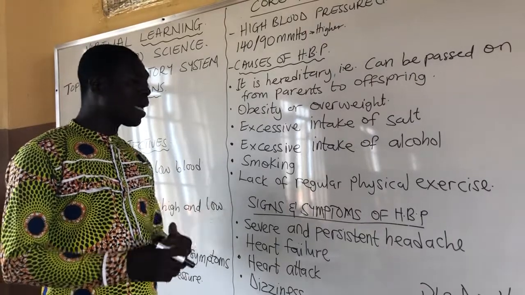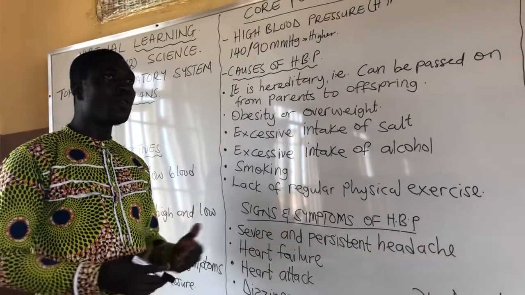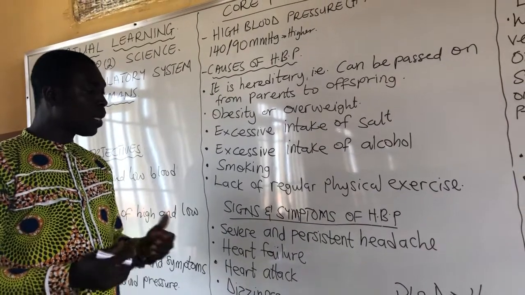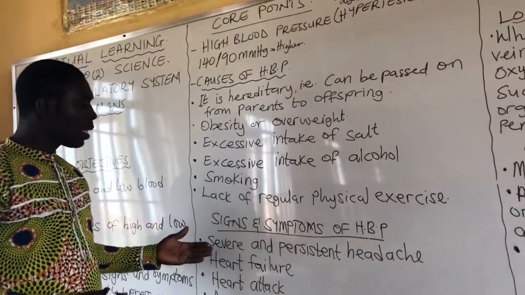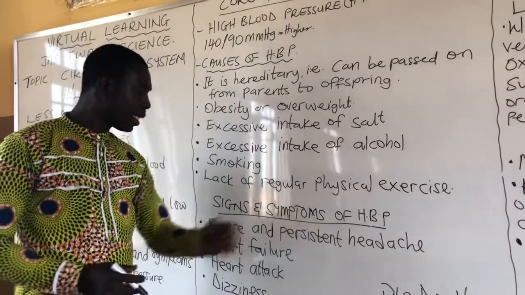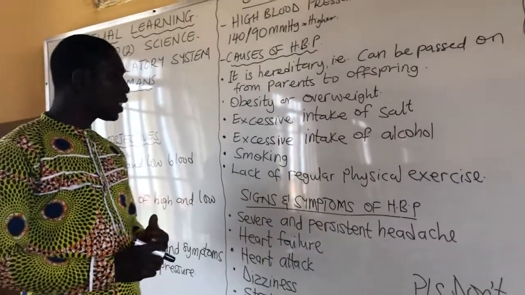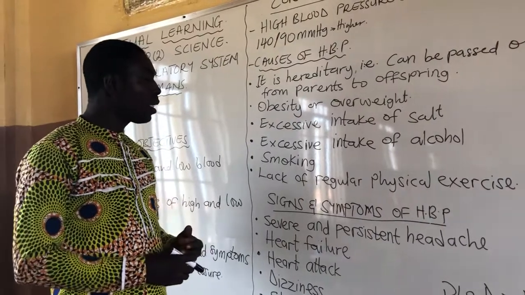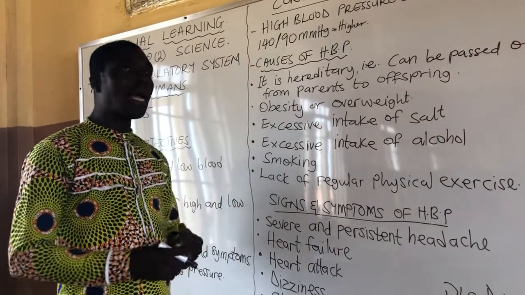And therefore the signs and symptoms are what we use to determine certain sicknesses or diseases. So 1, severe and persistent headache. It means that when the person continues to have headache, it means that the person has this high blood pressure.